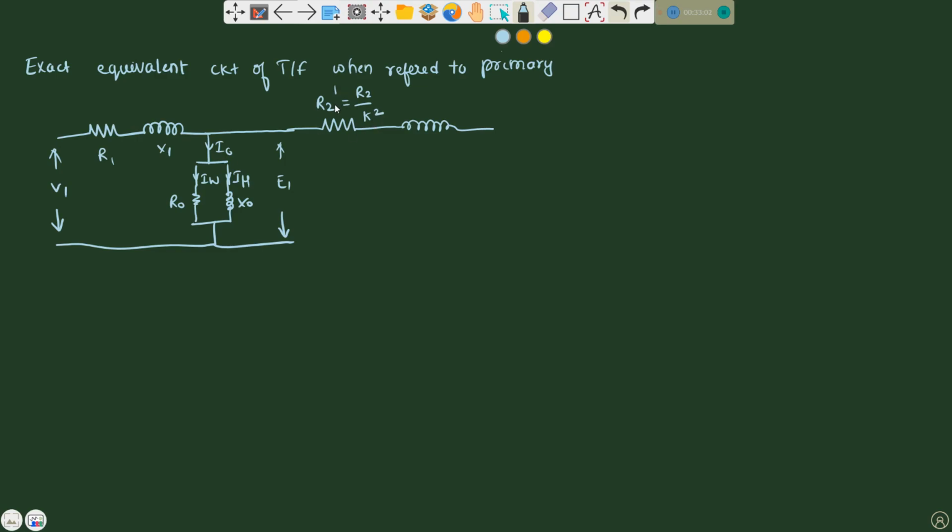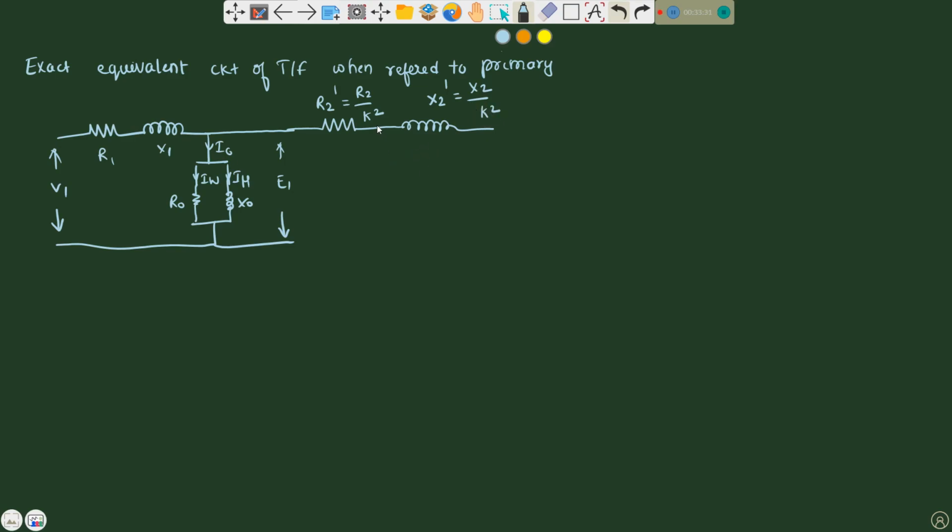So R2 dash will be R2 divided by K square. This we have seen in the second case, that is working of transformer with winding resistance. There we got this expression. Recently we have seen due to magnetic leakage flux how the transformer is going to work. So we got this expression. So X2 dash will be X2 divided by K square.